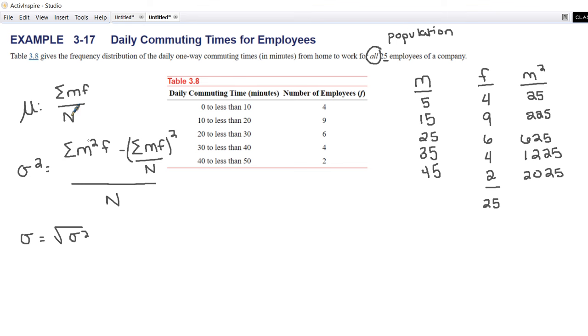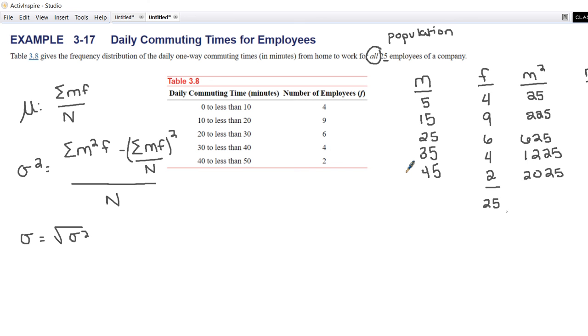Okay, so we have those. So let's first find the mean. We'll find MF, which is midpoint times the frequency. So we have 5 times 4, 20. 15 times 9, 135. 25 times 6, 150. 35 times 4 is going to give us 140. And 45 times 2 is going to give us 90.